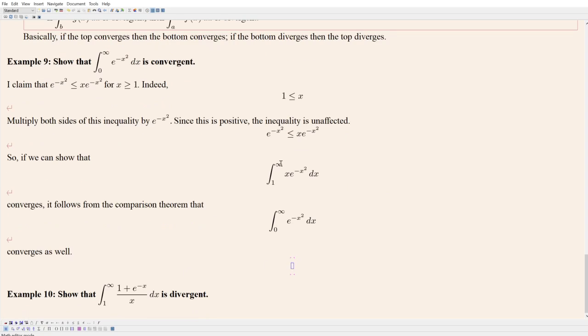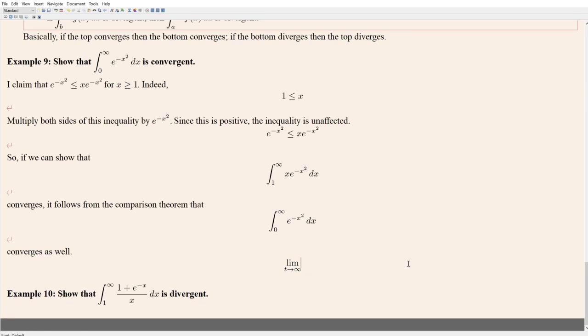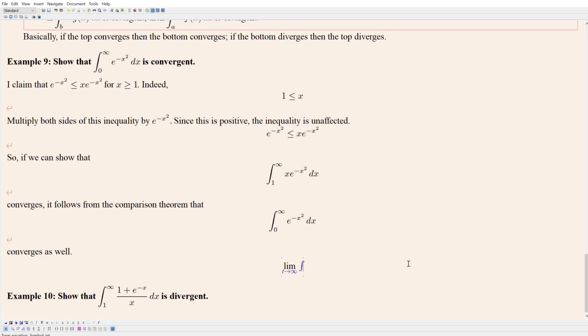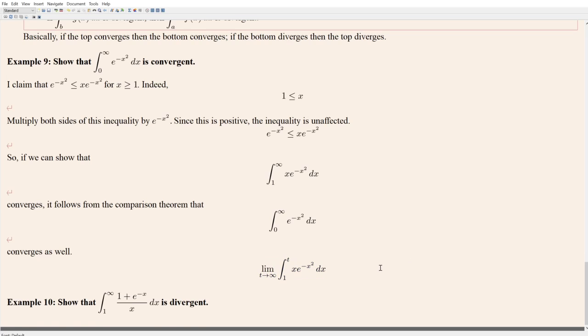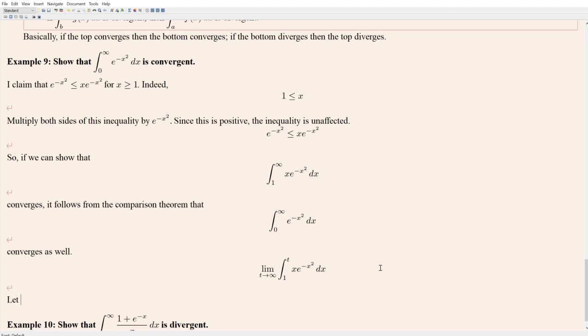Okay, so let's turn this into a limit. Now, let us do a u substitution. So let u equal x squared so that du is equal to 2x dx.